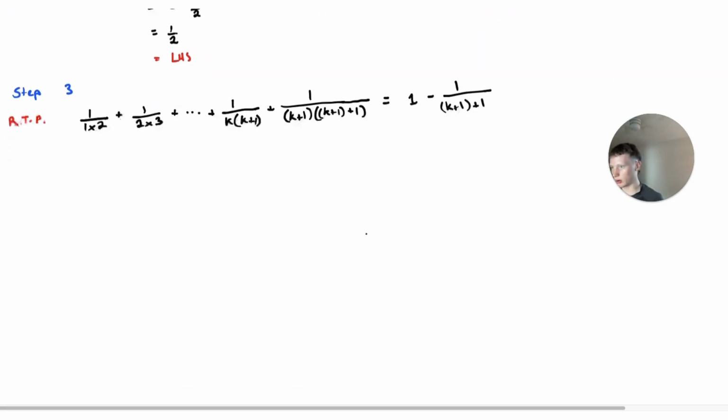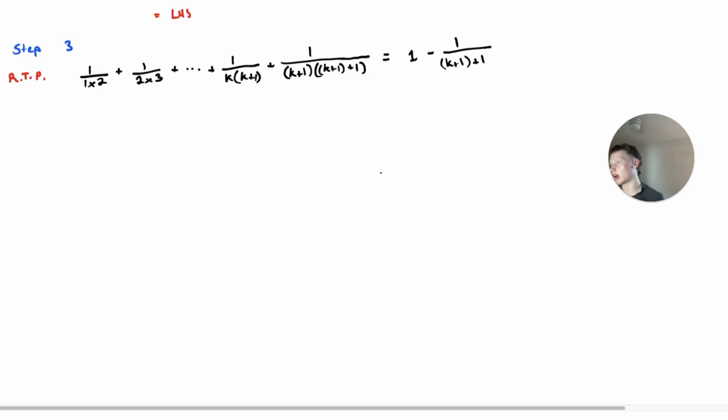I'm just going to simplify this down. This is k plus 2. This is then k plus 2 in here as well. That's the only change I'll make before we actually get into the proper proof. Alrighty.